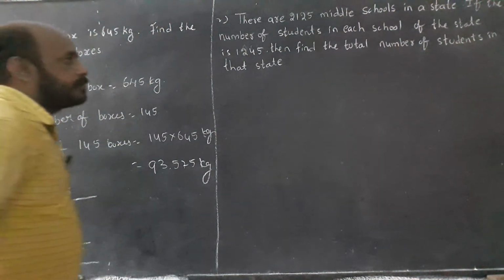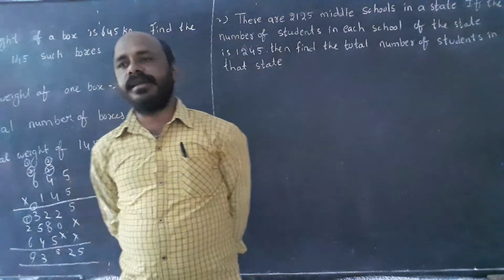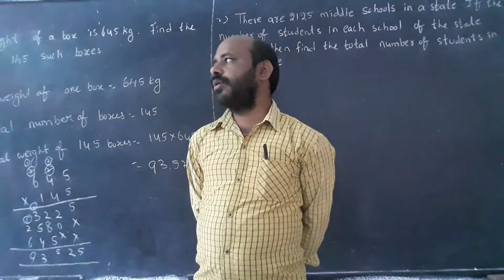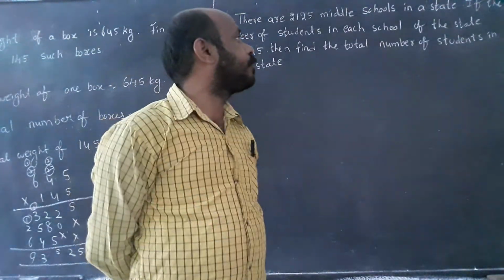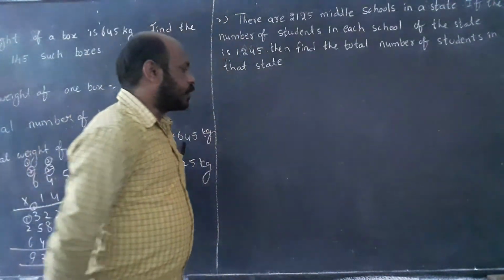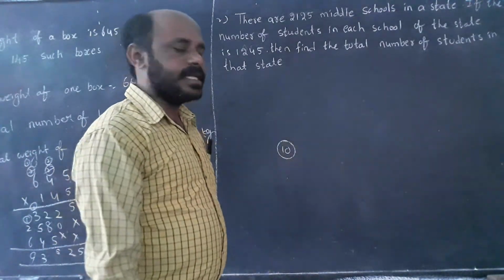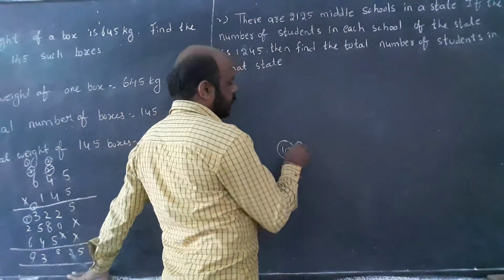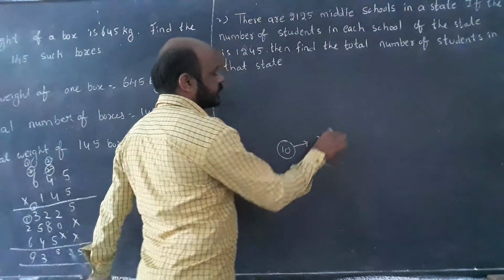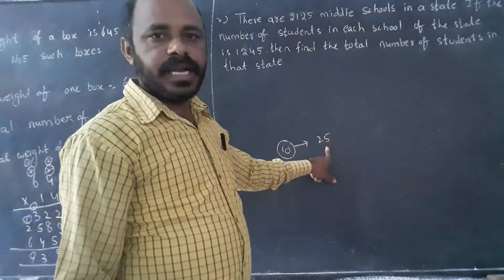For example, in one school 10 classes are there. In these 10 classes, each class has 25 members.